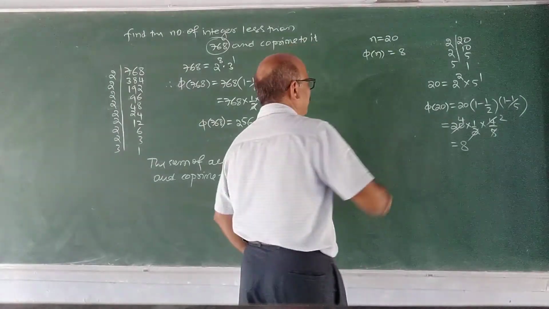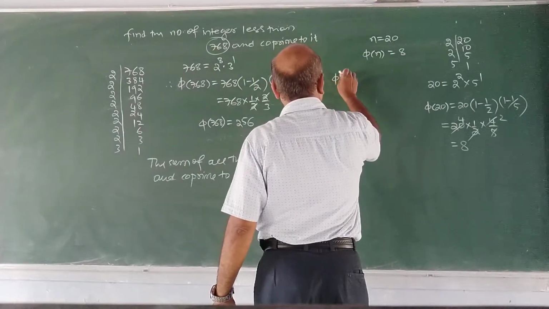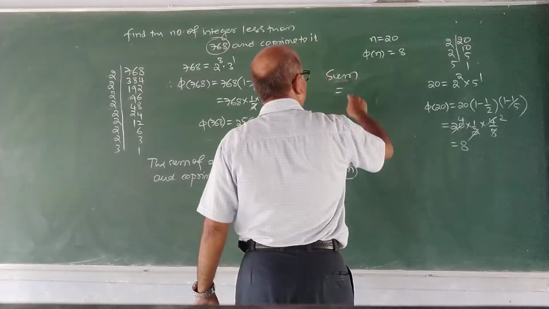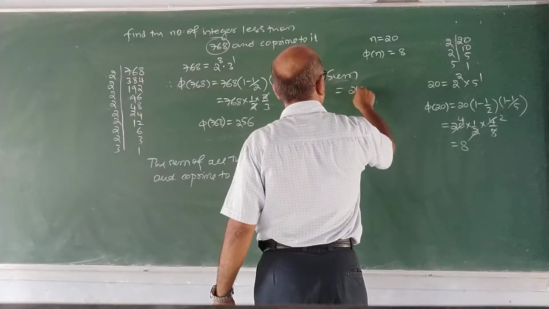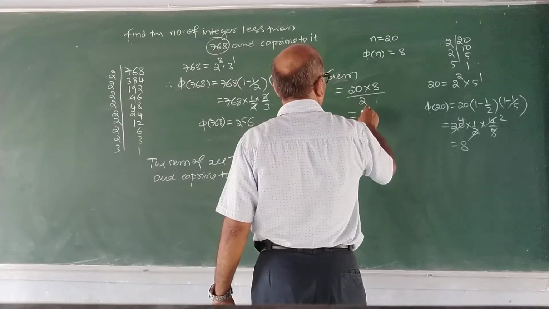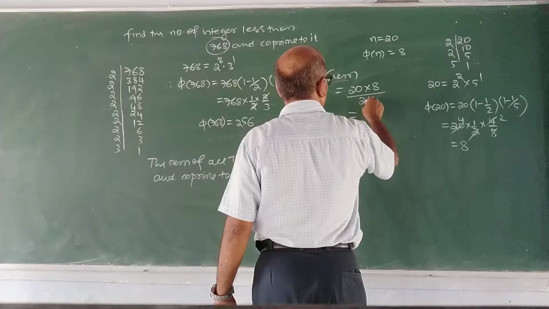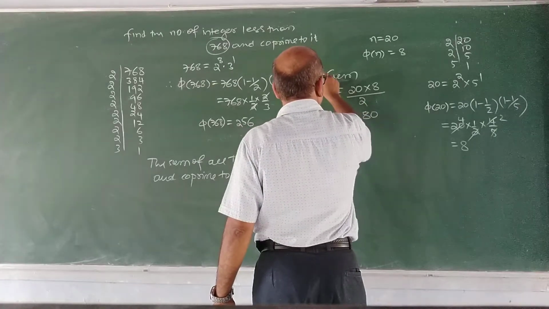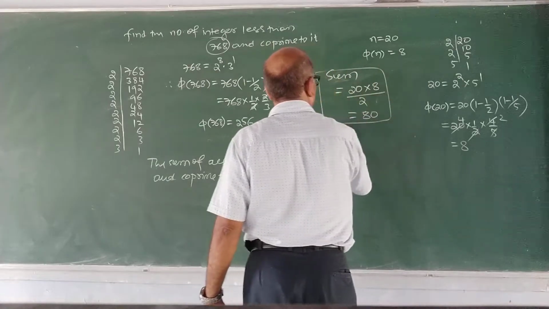Now I find the sum. Their sum is n into phi n upon 2. N is 20, into phi n is 8, upon 2. So it is 80. Their sum is 80.